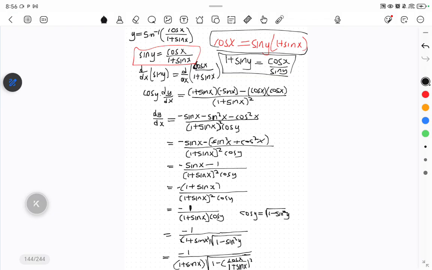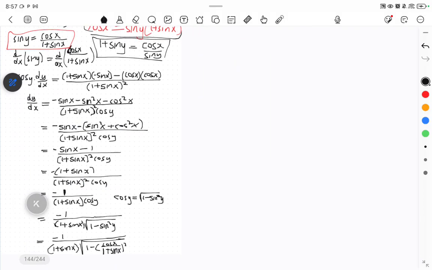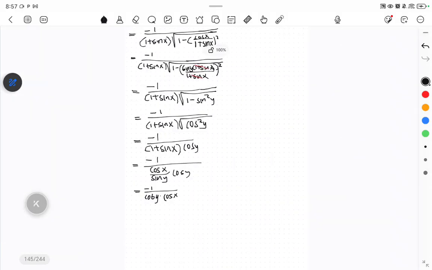Let me check. 1 plus sin x would be 1 plus sin x with cos x plus cos y.